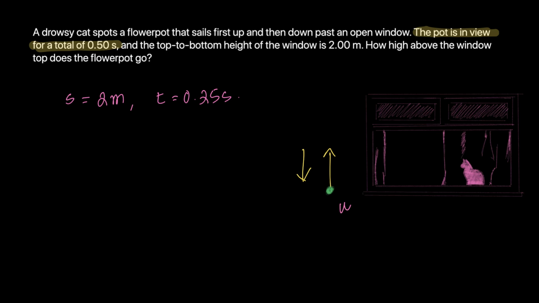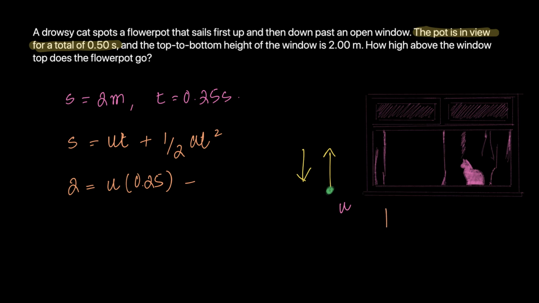So let's use the equation S equals ut plus half at squared. This makes sense because we have time, we have an initial velocity, and we have acceleration or deceleration, because it's undergoing deceleration. We want to know what that initial velocity was. So the distance is 2 meters. Initial velocity is something we want to find out. The time is 0.25, a quarter of a second, plus, actually it should be minus, right?